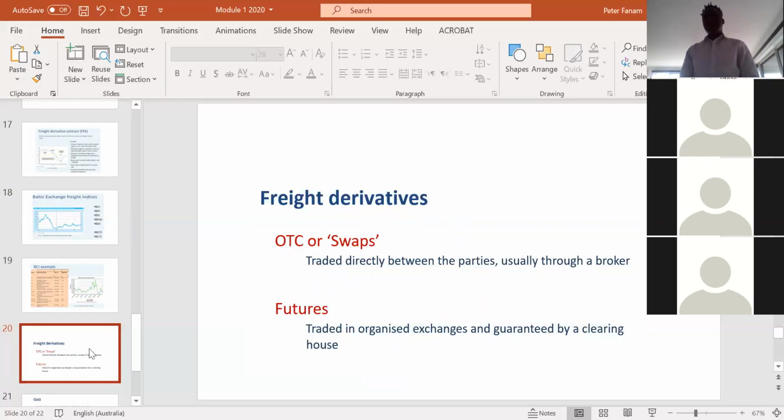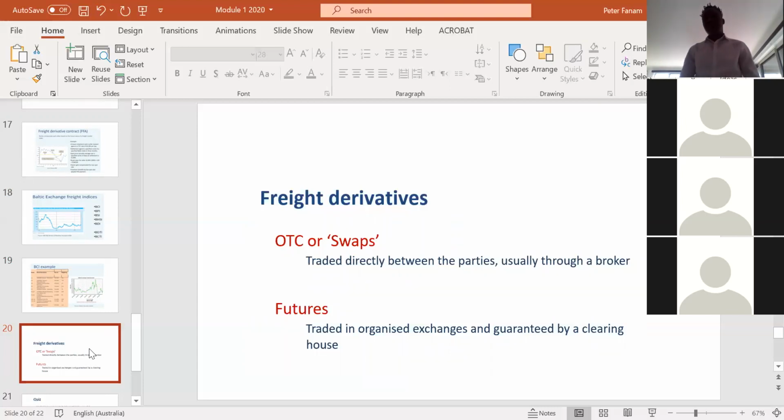The charterer comes into the freight derivative through his broker, giving all his details, how much he wants to pay and everything, and the broker approaches the ship owner and brings them together. They agree, and then the freight derivative contract is signed. So that is the over-the-counter offer or the swap offer.